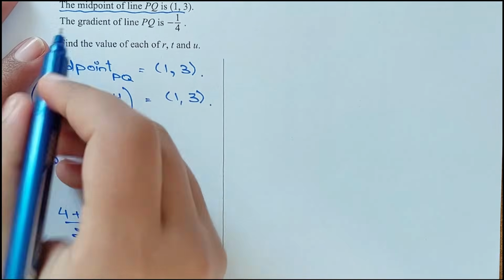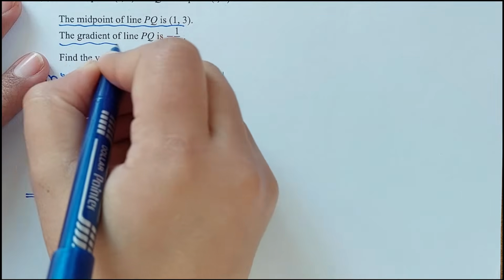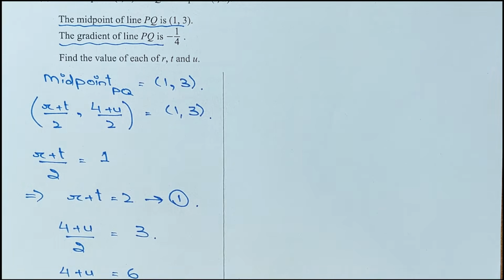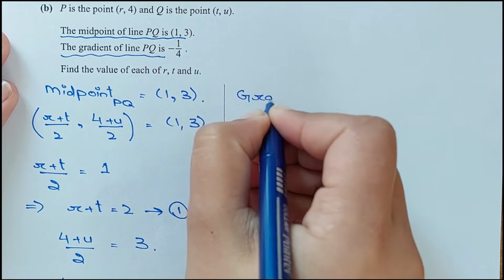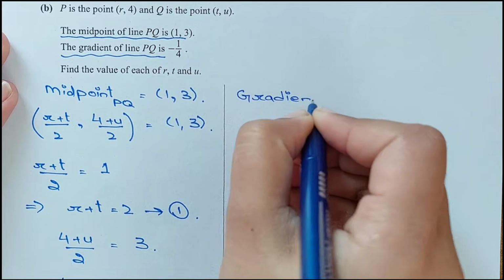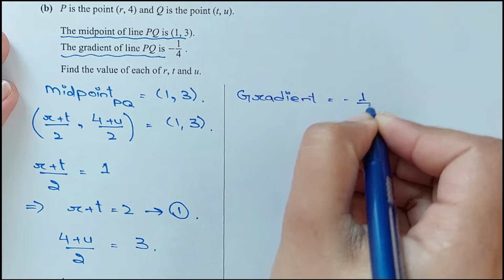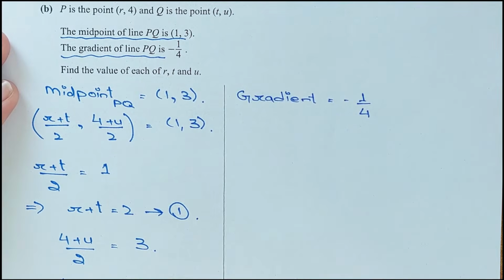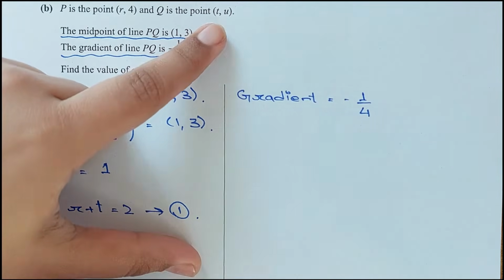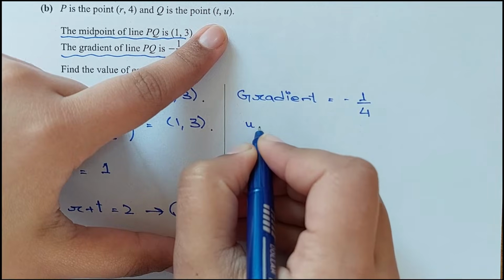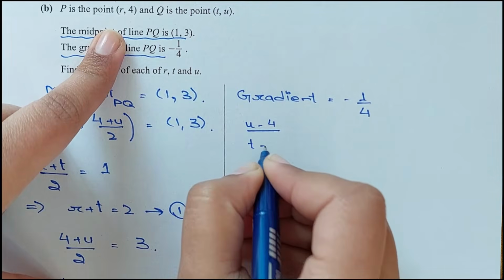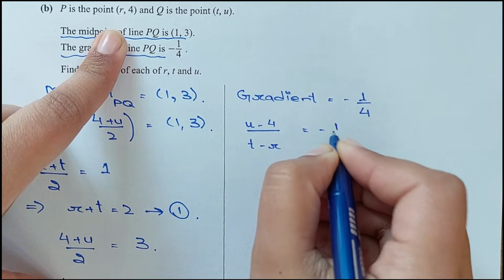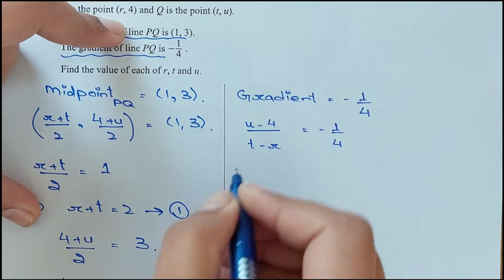Okay, now on the other side, let me use the second condition, which is the gradient, right? The gradient of the line PQ is minus 1 by 4, and it has a formula (y2 minus y1) over (x2 minus x1). So we can say (u minus 4) over (t minus r) equals minus 1 by 4, and we know that the u we got is 2.